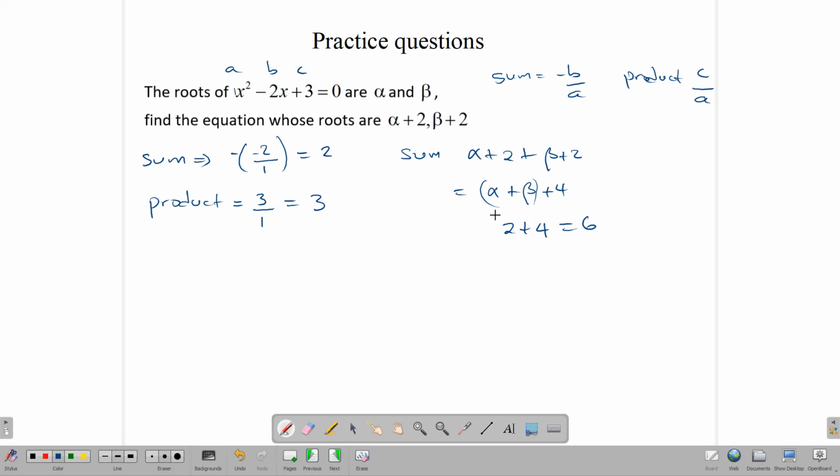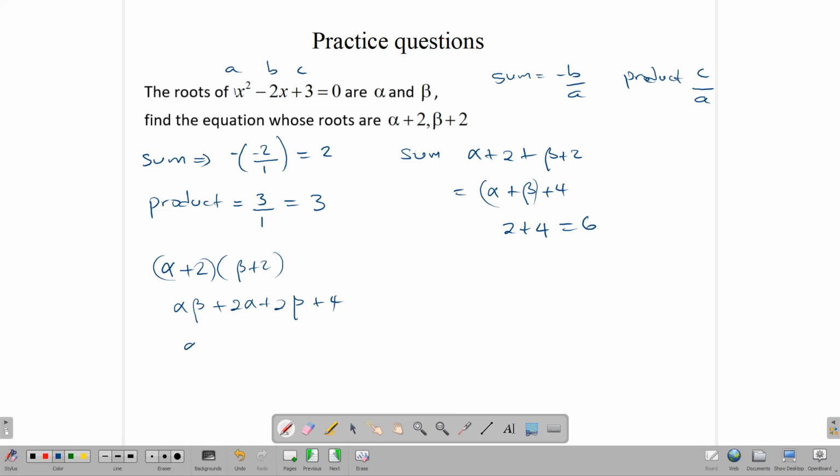Now what about the product? The product would mean that we have to multiply these two roots. So alpha plus 2 times beta plus 2 gives us, let's multiply this, alpha beta plus 2 alpha plus 2 beta plus 4.